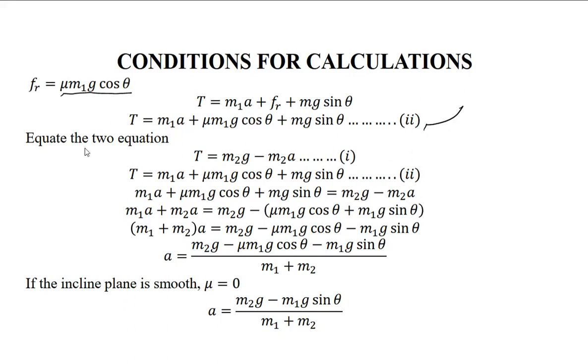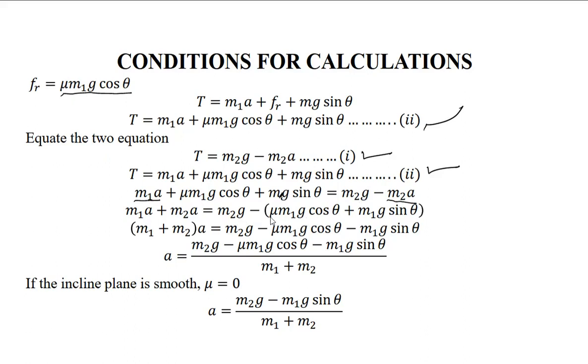Now, if we equate equation 1 and equation 2, we will have equation 1 equals equation 2. Now, bring the acceleration terms together, M2A and M1A. If we bring them together, we have M1A plus M2A. Then move mu M1G cos theta plus M1G sine theta across the sign of equality.